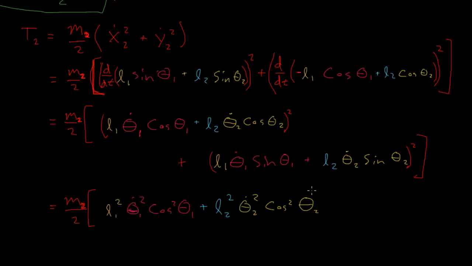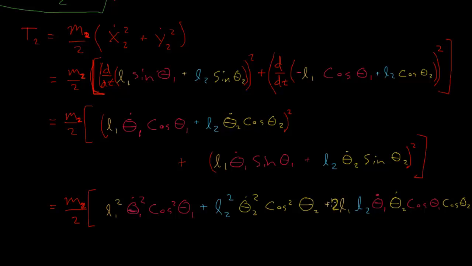Right? And then we'll have some cross terms, and the cross term will just be all of this stuff lumped together, plus L1 L2 theta 1 dot, and then I'm going to leave room for the other theta, cosine theta 1, and now for the yellow, this is theta 2 dot, this is cosine theta 2, and there's a 2 out front here, right?